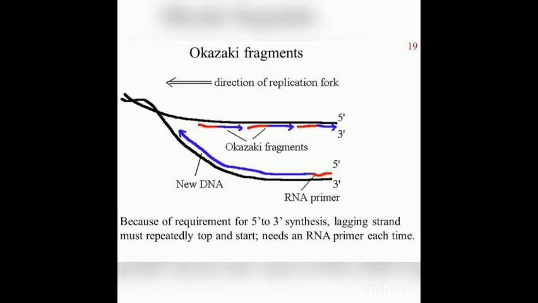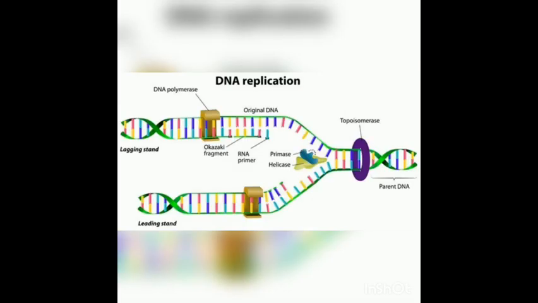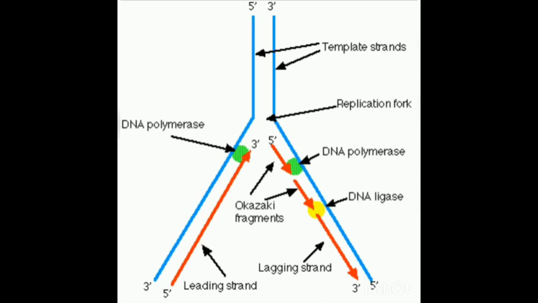The discontinuously synthesized fragments of the lagging strand are called Okazaki fragments. So what is meant by Okazaki fragment? It will be asked in 2 marks. The discontinuously synthesized fragments of the lagging strand are called Okazaki fragments, which are joined by the enzyme called DNA ligase.